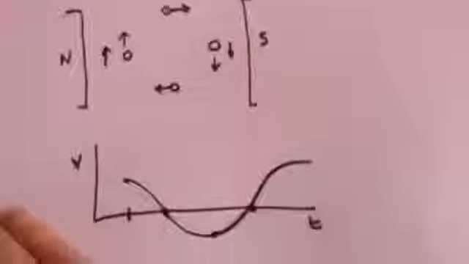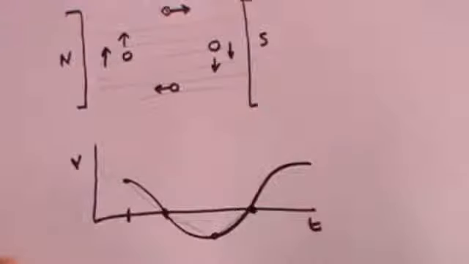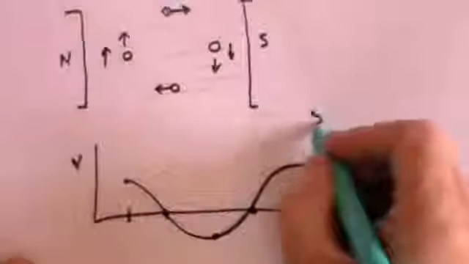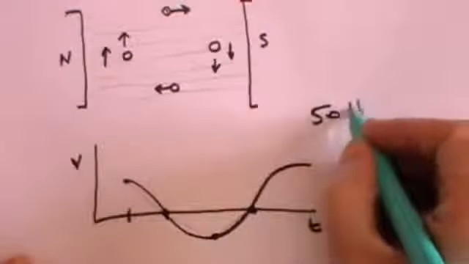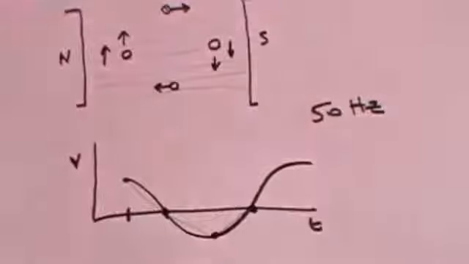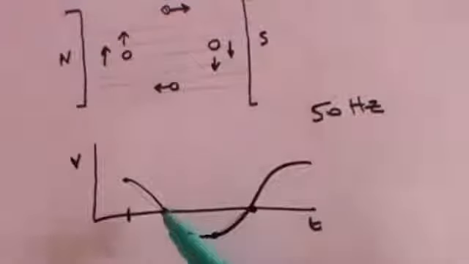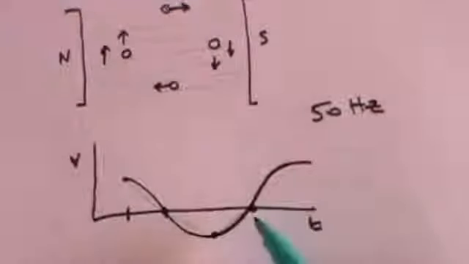And in the United Kingdom, the domestic electricity supply does that 50 times per second. It's 50 hertz. The frequency is 50 hertz. So 50 times a second, the domestic supply that comes out of the plug in the wall will go from positive voltage to zero to minus voltage to zero.